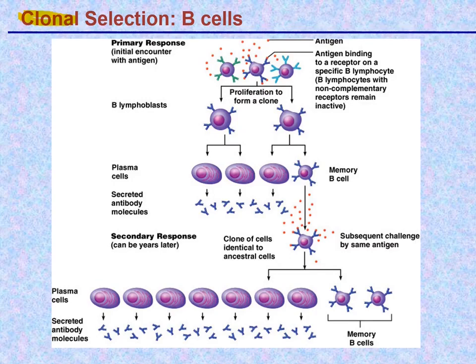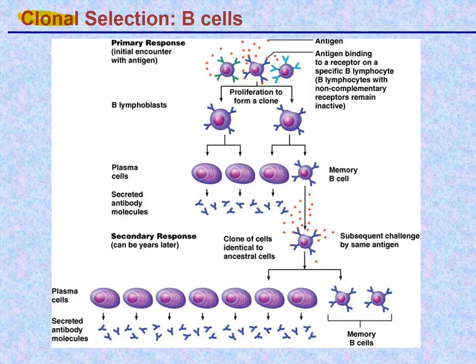That's called clonal selection. You get exposed to a particular antigen, the right B cell with the right receptor will be activated, proliferate, and secrete antibody. So that's the process of clonal selection. That's how your antibody producing B cell defense works.